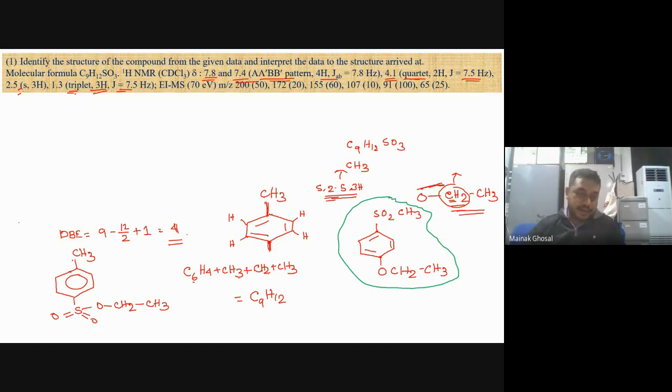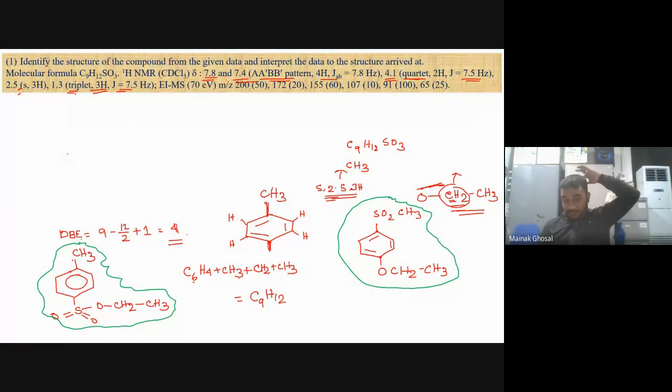Then why am I predicting this one? So how to know which one is the correct structure, or whether the left one is the right one? How do you know?